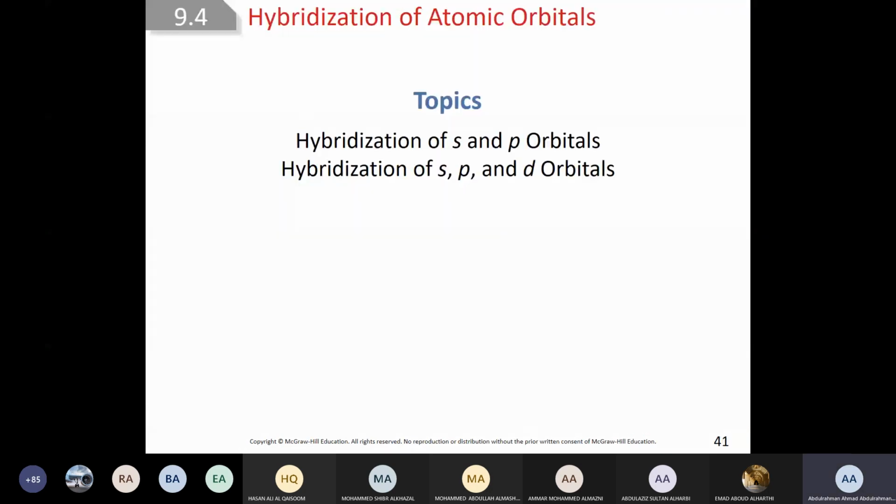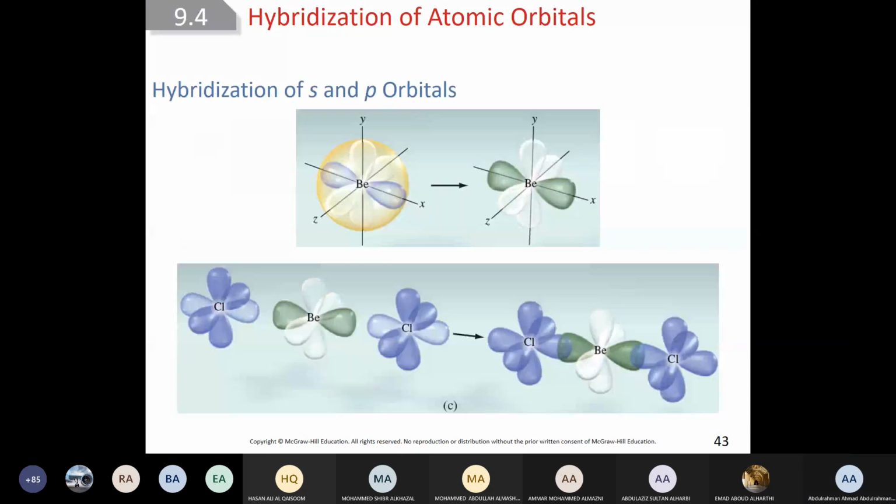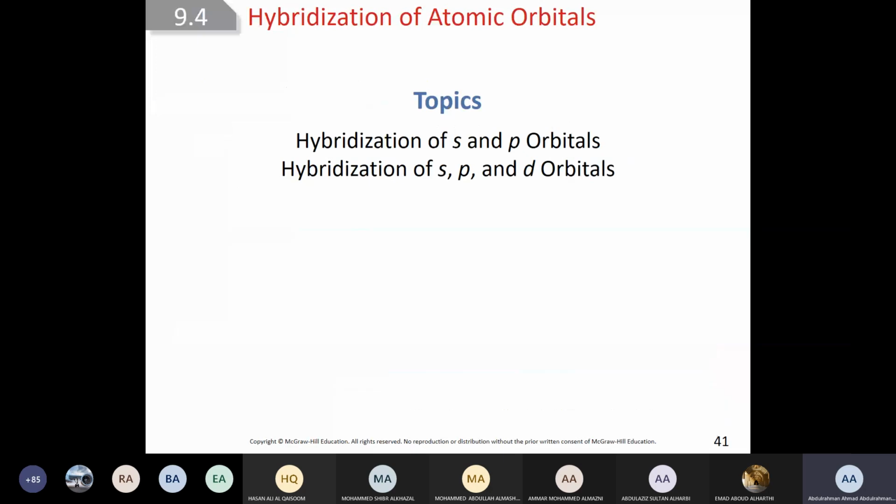Very good. Now, when the interaction is like this, a p orbital with a p orbital, what type of interaction is this?